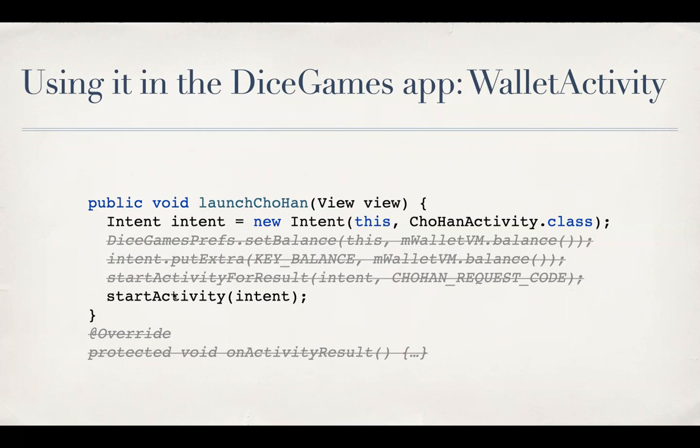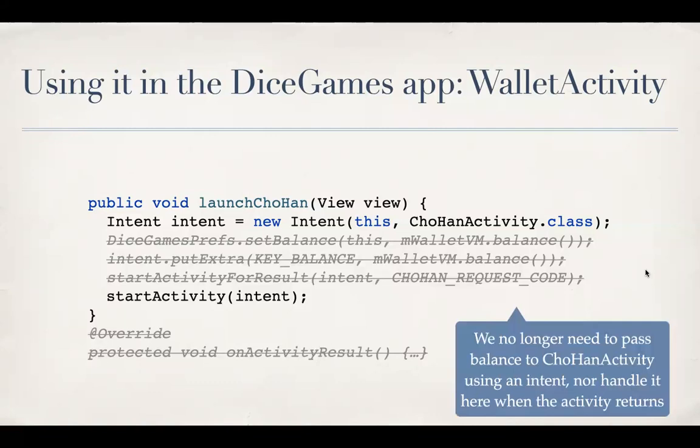All these three lines are gone, and you simply have the intent, explicit intent for the show hand activity, and the start activity with intent, not the start activity for result anymore. So on activity result is also commented out. Okay, so all of that is gone. So now the question is, where do you handle shared preferences? And think about it for a few seconds.